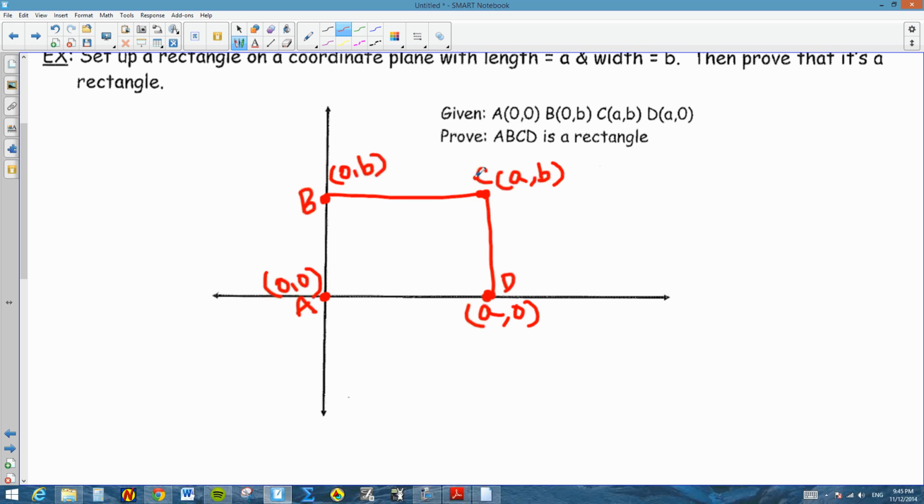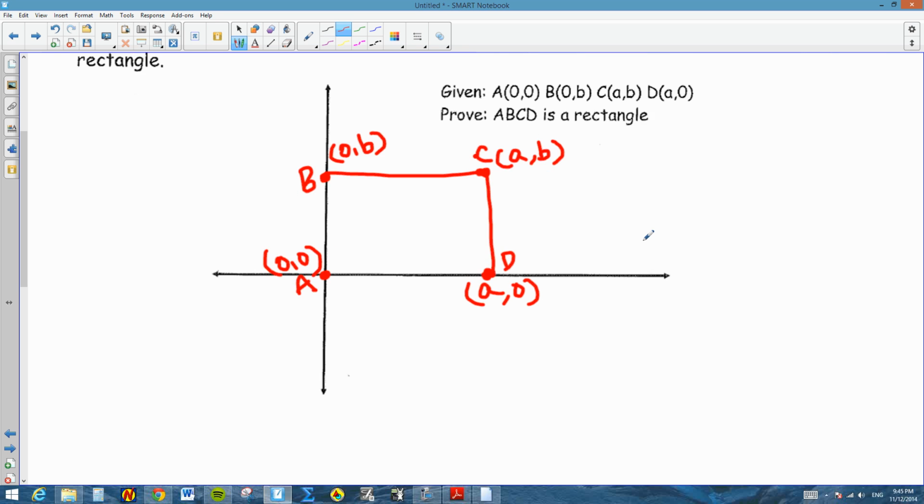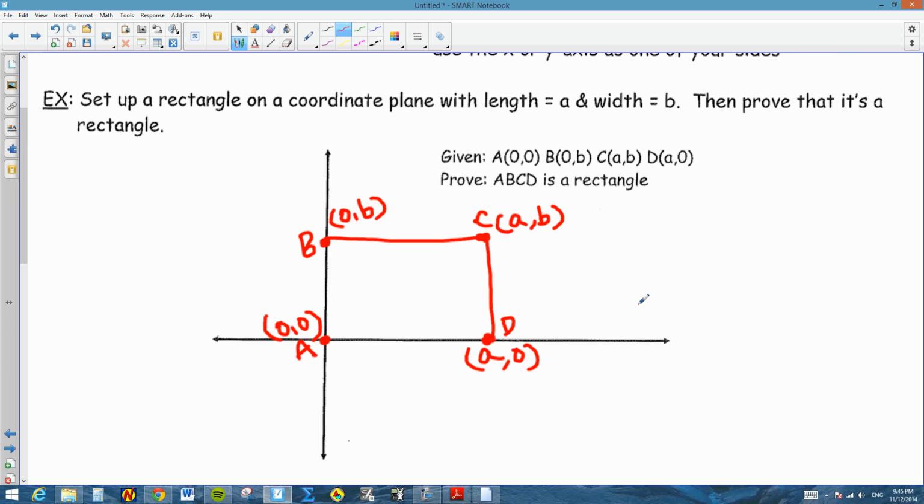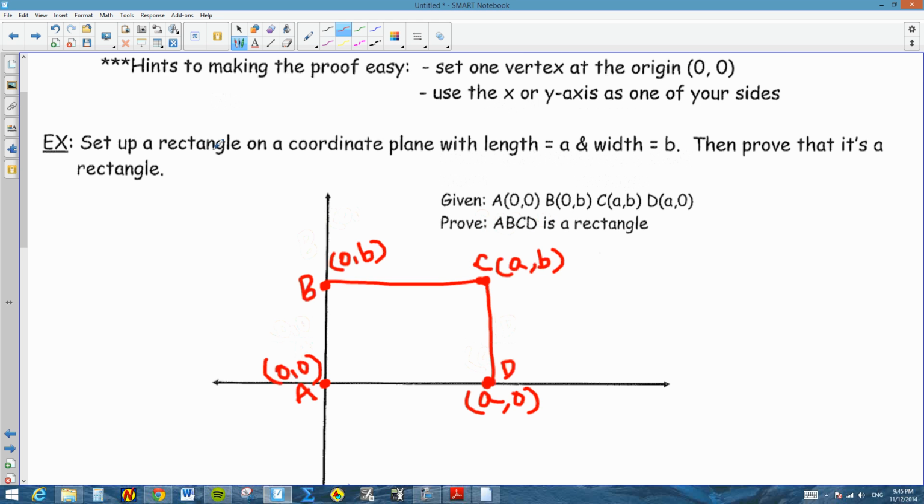Okay, so if you have those 4 points, what are we looking for? We are going to prove that it is a rectangle with length A, which is this, and width B. If this is a rectangle, you could mark one of the angles as 90 degrees.